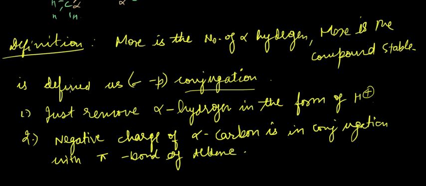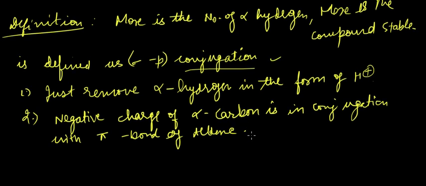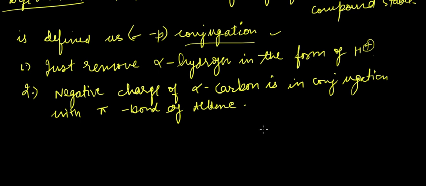Hence hyperconjugation is defined as sigma-pi conjugation.